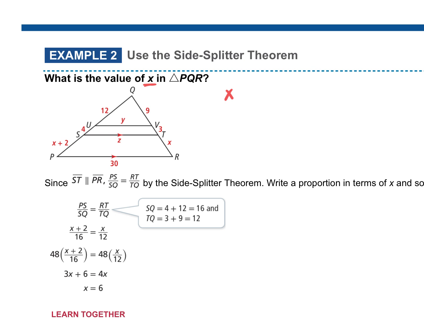So x, what does that relate to? If I'm looking at this side here, x is this part, so the rest of it is 12. So x over 12 equals, since I started with x, what do I have to start with on this side? x plus 2 over, what's the rest of it? 16.